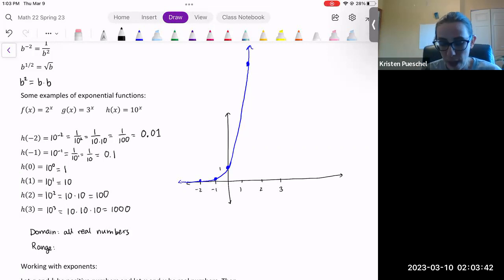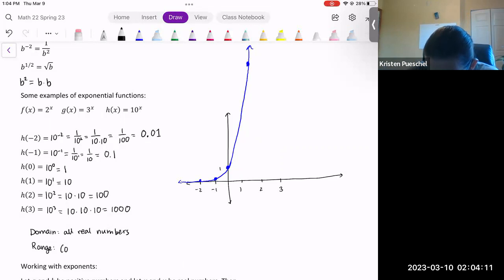So if we look at positive inputs where x is greater than 0, we're taking powers of 10. So these are all positive. When we have negative inputs, we're taking 1 over 10 to some power. And so this is still positive. It's fractional, it's going to be a value that's less than 1, but it's still positive.